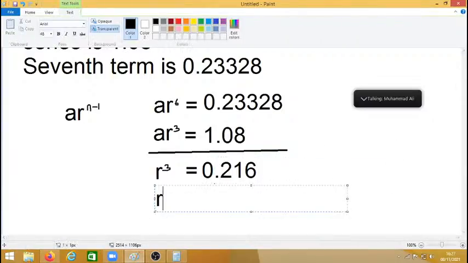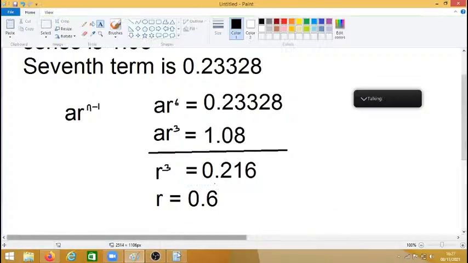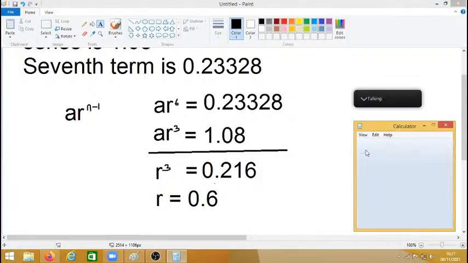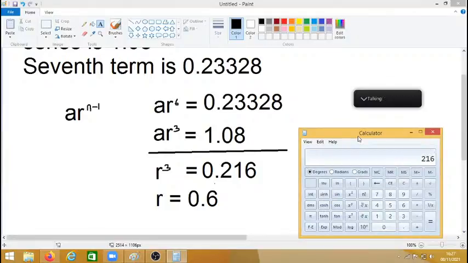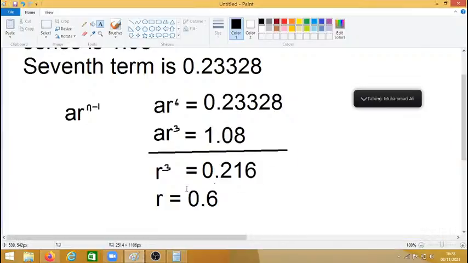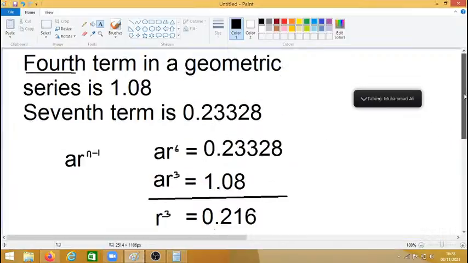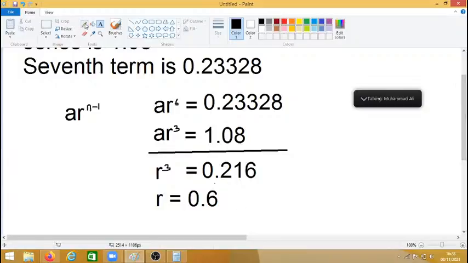And then if I cube root that, I should get 0.6. Let me just double check that again. Yep, 0.6. So there's your ratio, there's your multiplier, and we can say that it is convergent because the ratio is less than 1. So we would say because the modulus of r, the absolute value of r, is less than 1, therefore it's convergent.